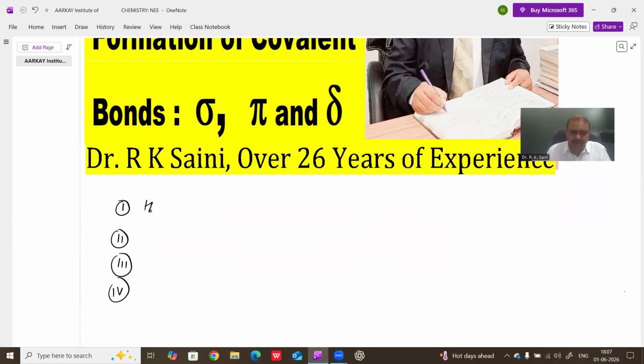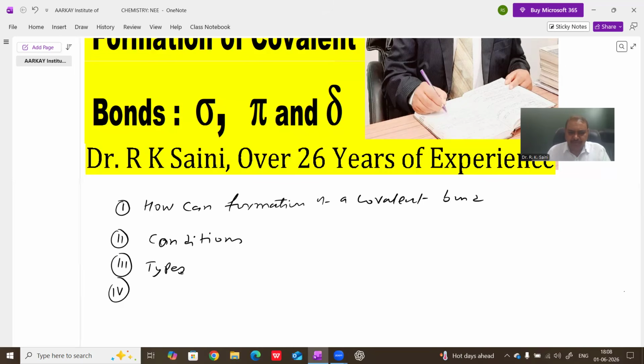First, how is a covalent bond formed, then conditions for the formation of covalent bond.